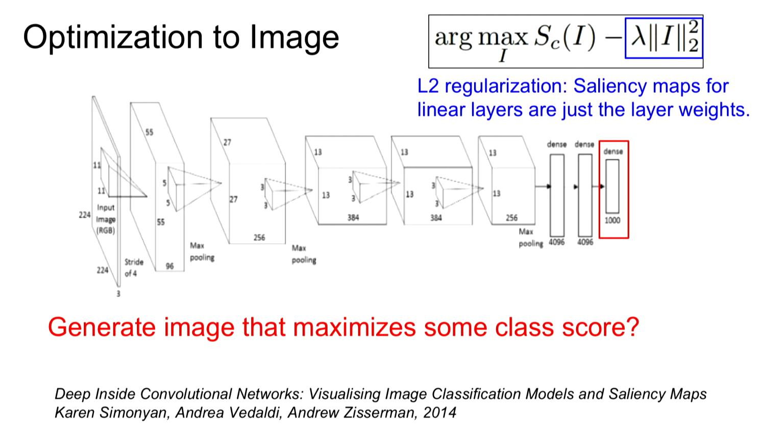You can do the math fairly easily. You just differentiate and you'll find that the filter weights themselves are the maximally activating image. So L2 regularization is kind of special. It shows you effectively what the gradients are of a given cell with respect to the inputs at that activation level.